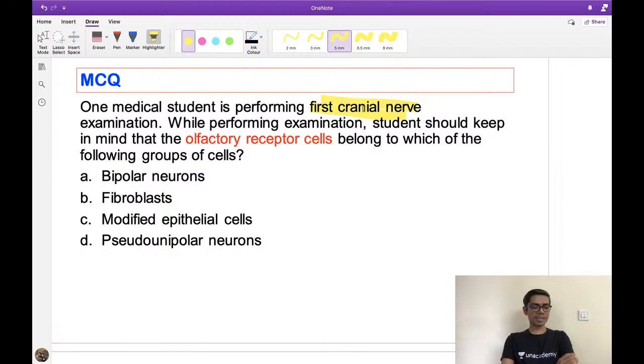Okay, Sumanta has given a quick answer. I'll wait for other students to answer also. First cranial nerve examination you are performing as a medical student in first year MBBS, and you are performing olfaction, right? So anybody?